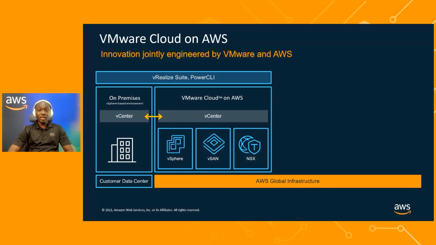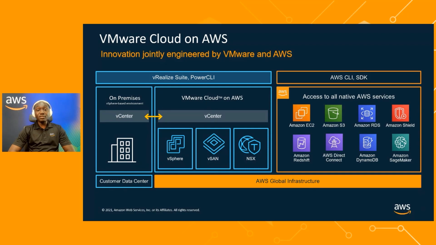But one beauty of this VMware Cloud on AWS solution is that we also give you the opportunity to tap into the native AWS services. What that means is that you can complement your applications on the vSphere platform with native AWS services.